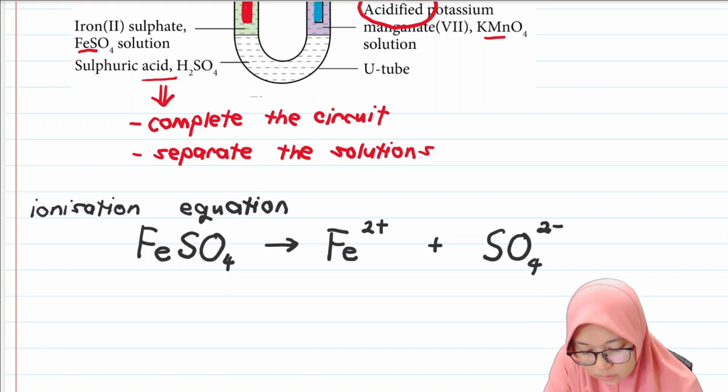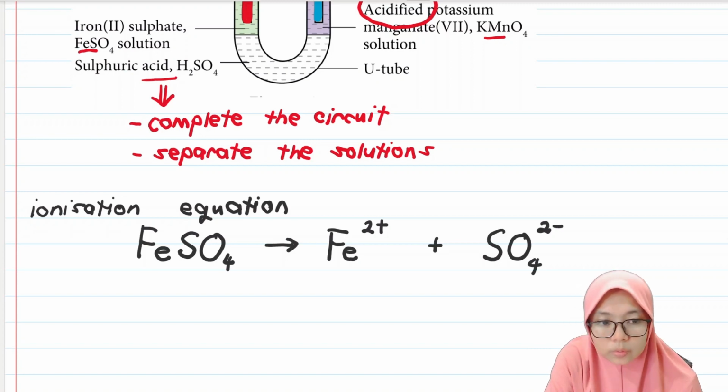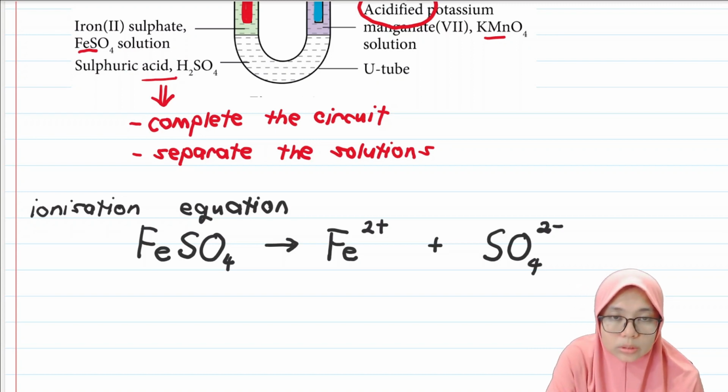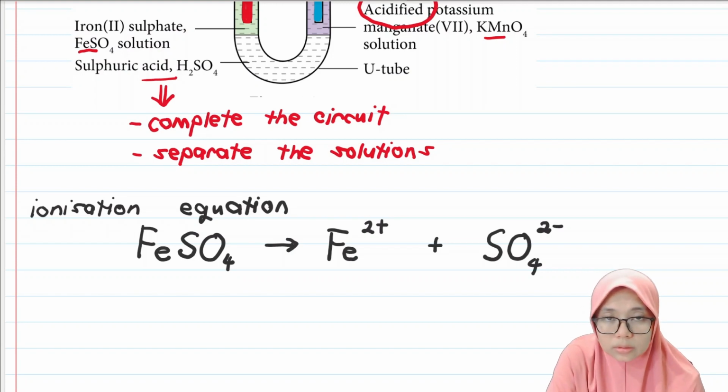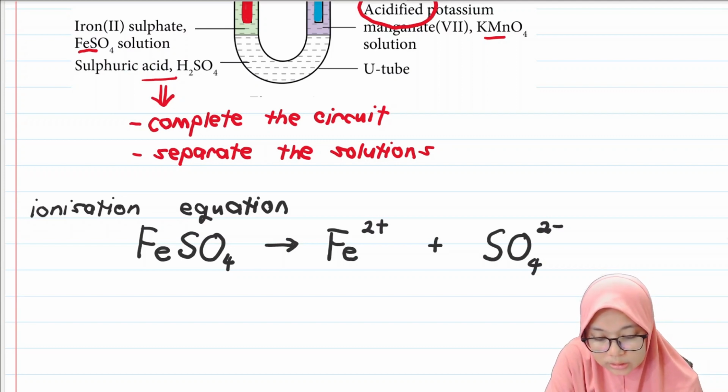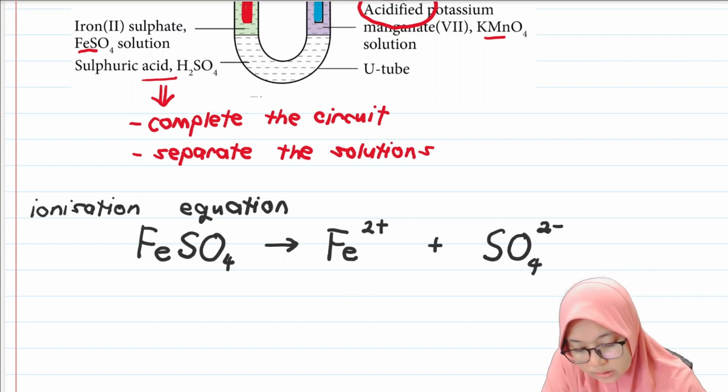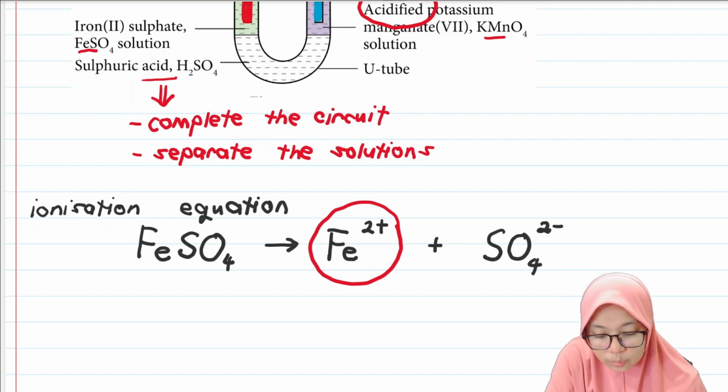The ionization equation shows that when a substance ionizes in water, what ions it will form inside that solution. So you have iron 2 plus and sulfate ion. Between these two ions, iron 2 plus is the one that we are focusing on. This iron 2 plus will undergo oxidation reaction.